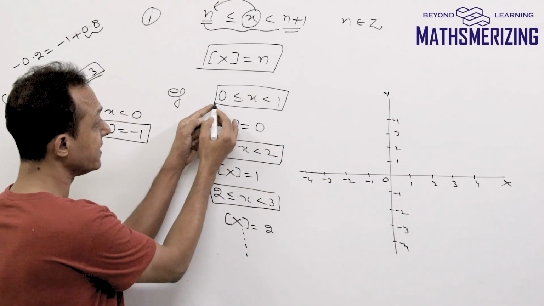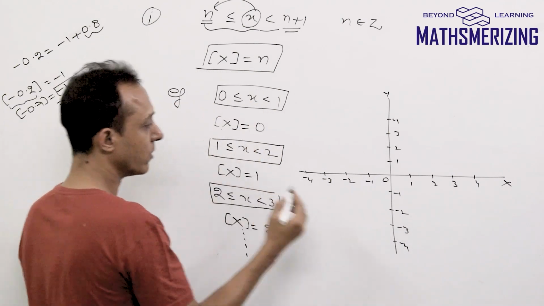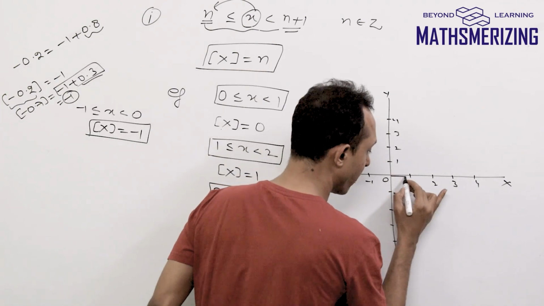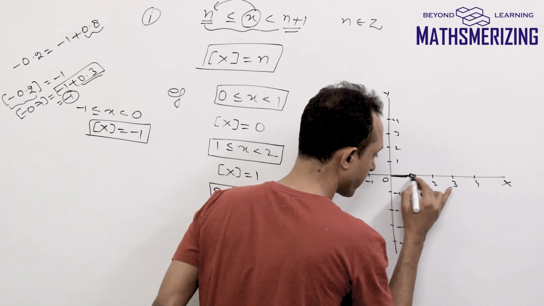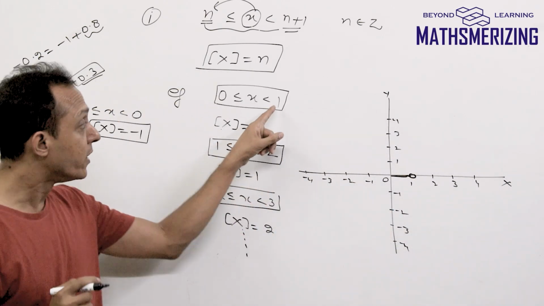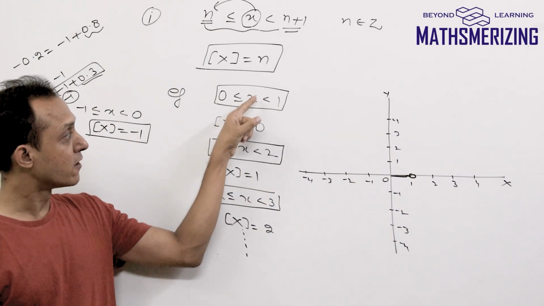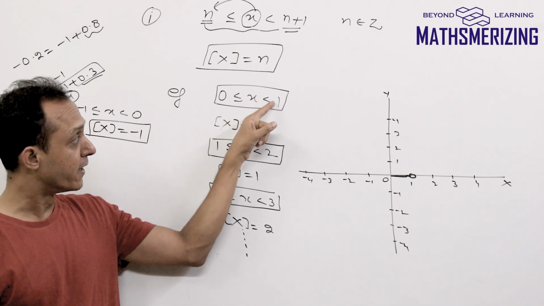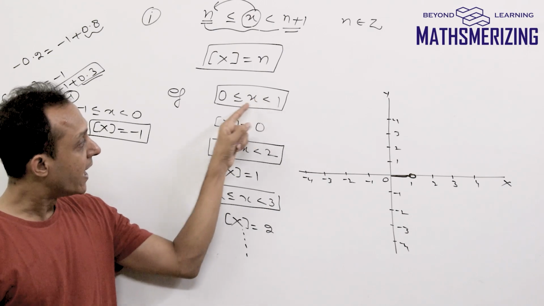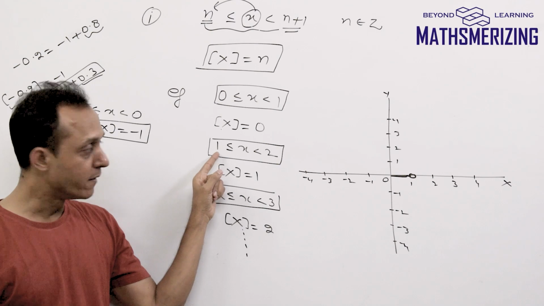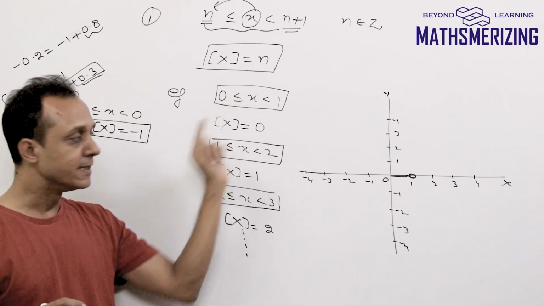Now, when x lies between 0 and 1, it is 0. So between 0 and 1, this value will always be 0. And it is not included at 1 because greatest integral function of 1 is not 0. Greatest integral function of 1 is 1. So that is the reason I have included 1 here between 1 and 2, not between 0 and 1.